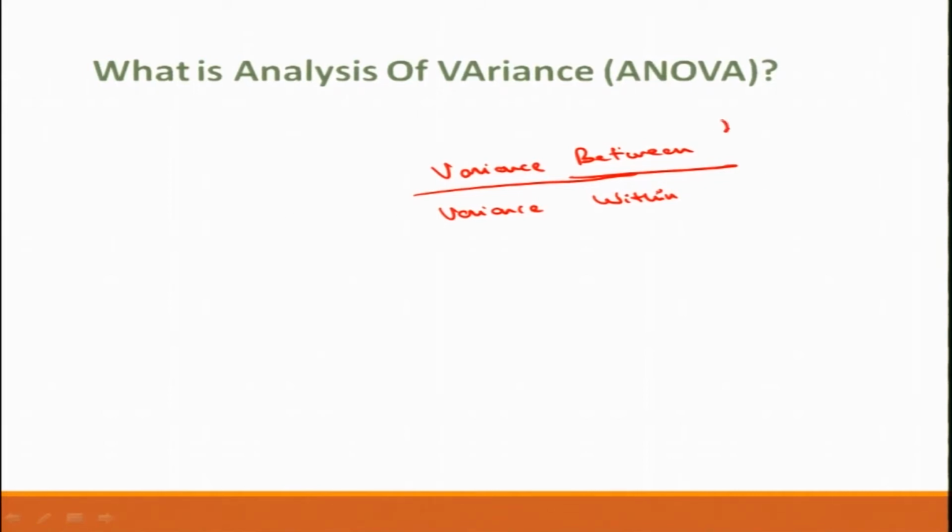So, this is the distance from the population mean, to make it clear again. This is within group or internal variance.